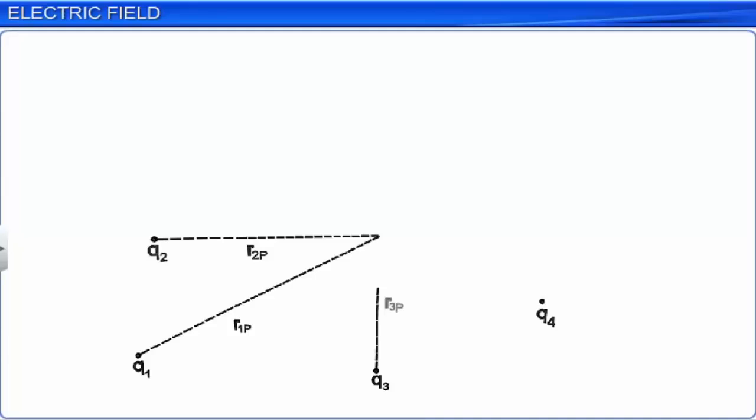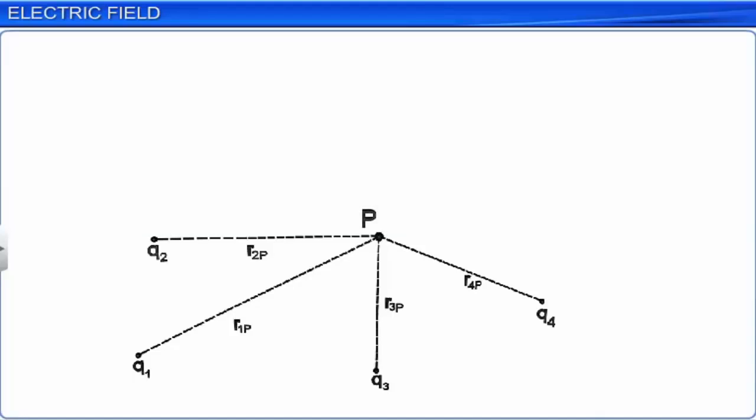Consider a region consisting of point charges Q1, Q2, Q3, Q4, and so on in air or a vacuum with position vectors r1, r2, r3, and so on relative to the origin O. Let P be a point in this region.